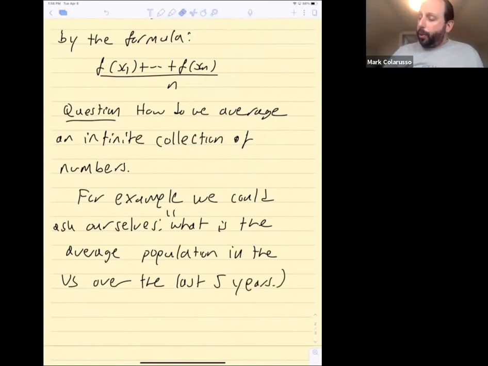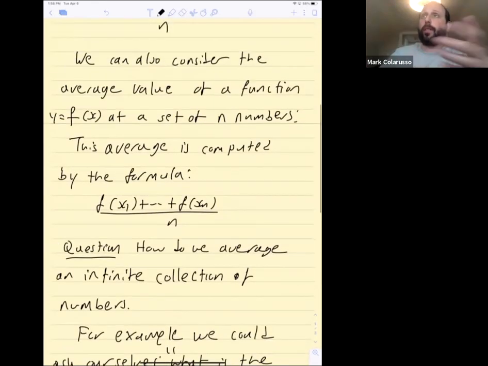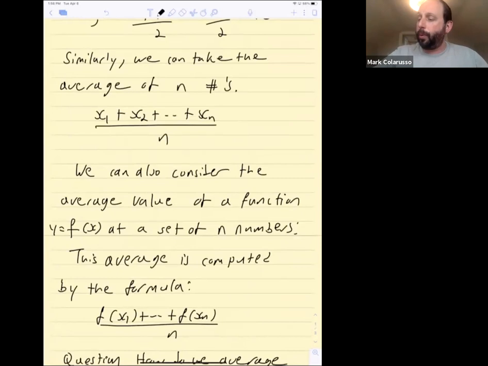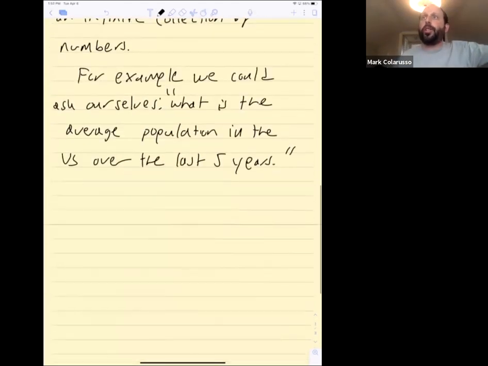Now, there are a number of ways you could do this. You could say the population at the end of the first year was 330 million, the end of the second year was 332 million, and the end of the third year was 336 million, et cetera. And then you could compute this kind of average where your n would be 5. But that's not very accurate because population is continuously changing, right?